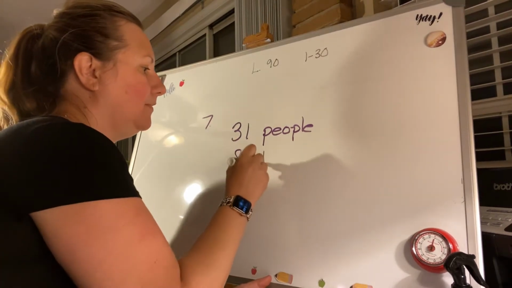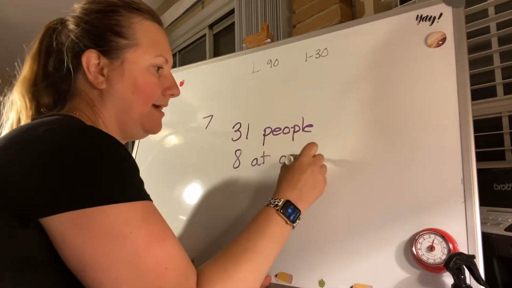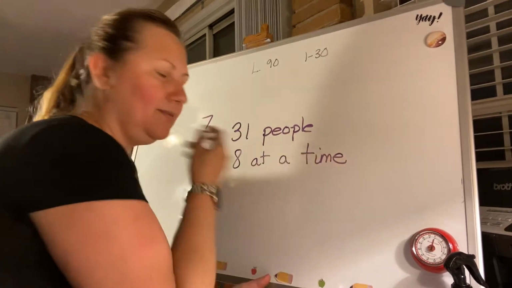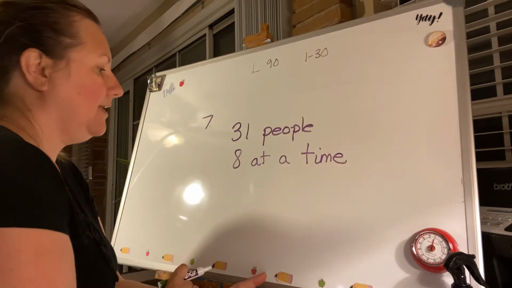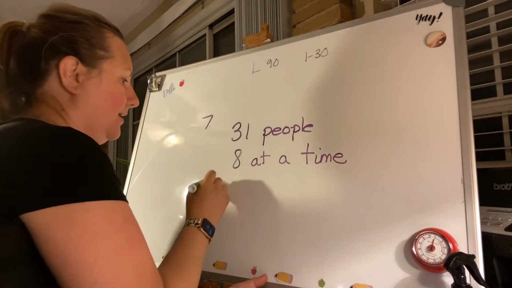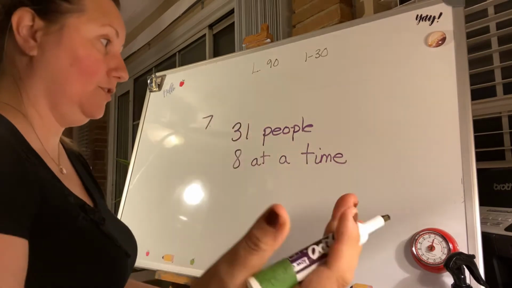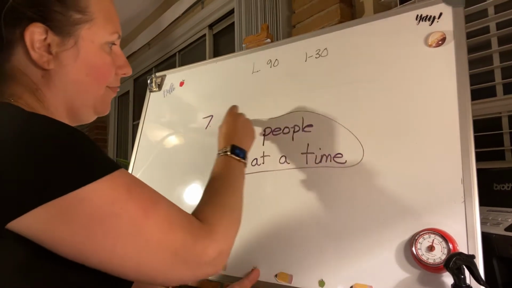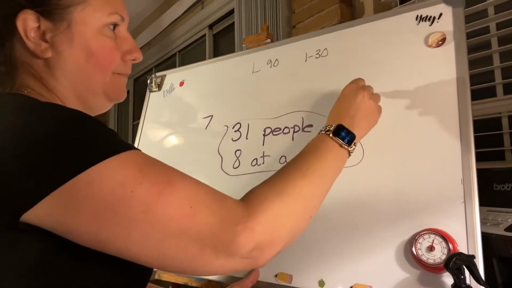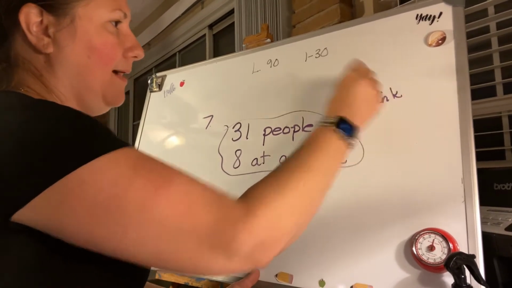8 at a time. Okay, so this is a form of an equal groups problem. We would say 8, if you were to start it with a number sentence. So this is just what we know. So just think, this is what I need to think about.